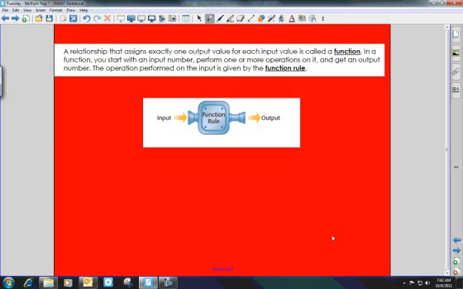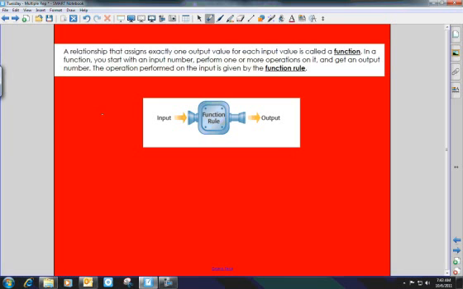Okay, that's a function. So exactly one input gives you exactly one output on the other side. So that's the vocabulary we're going to use, input and output. And the process we now call the function rule, okay, or the function.